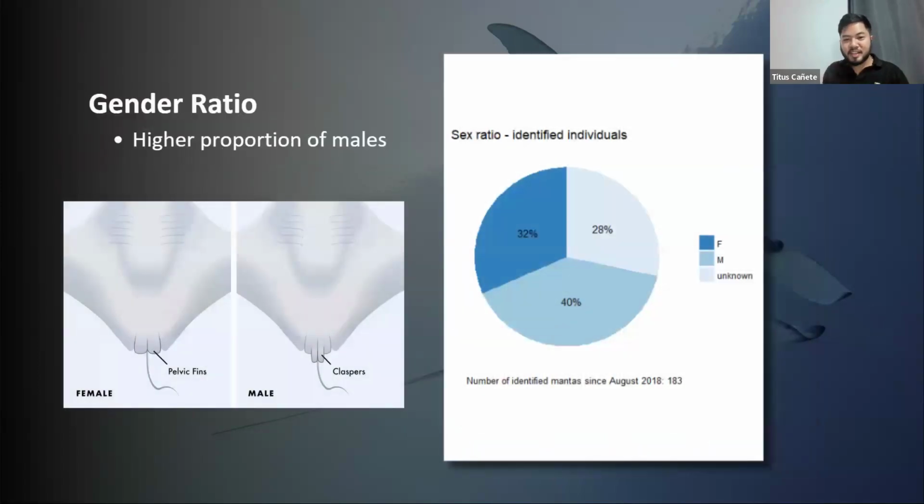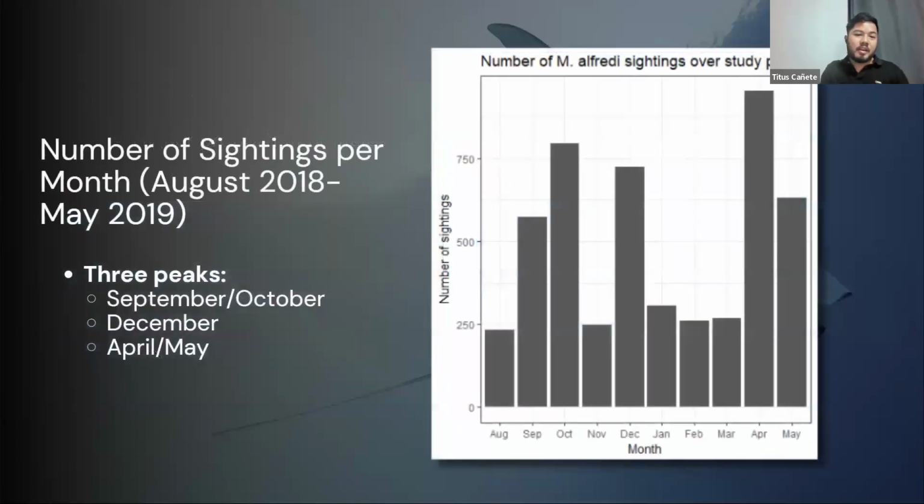We found that there's a higher proportion of males in the manta bowl as compared to females. And we've also found that there are certain peaks where you have a higher chance to see these mantas. So this is all through the use of accessible technology.